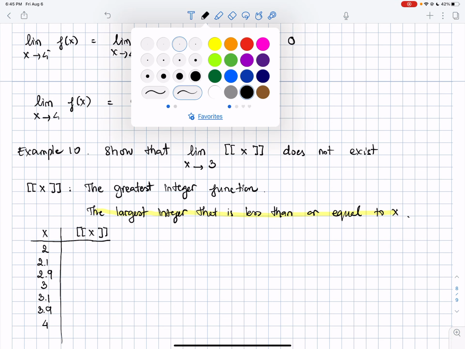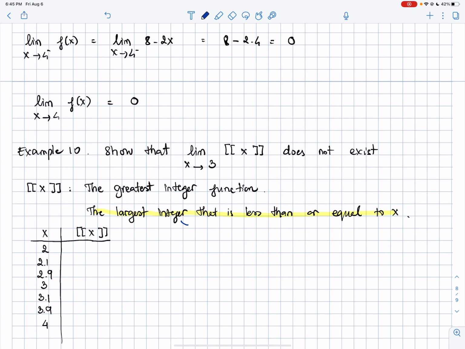So first of all, let's record the integers. Integers are 0, plus or minus 1, plus or minus 2, plus or minus 3, and so on. If we have 1.5 or 1.6, those are not integers.